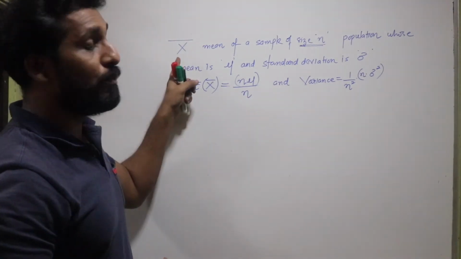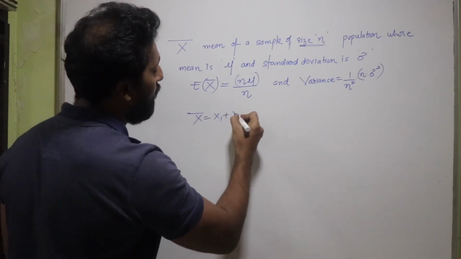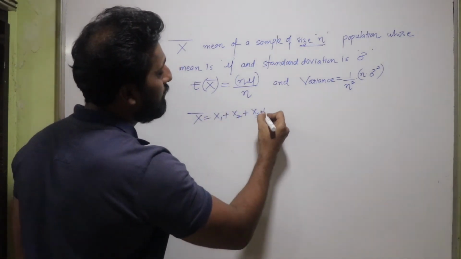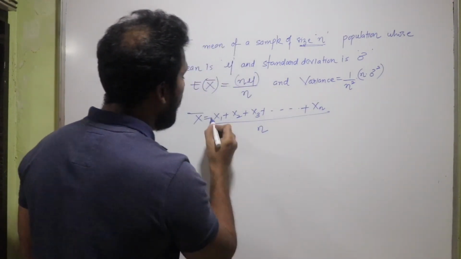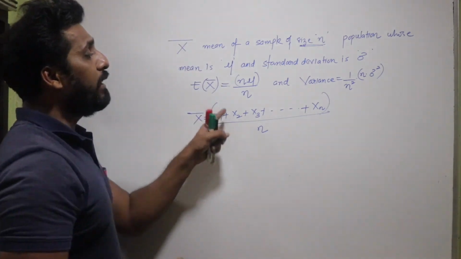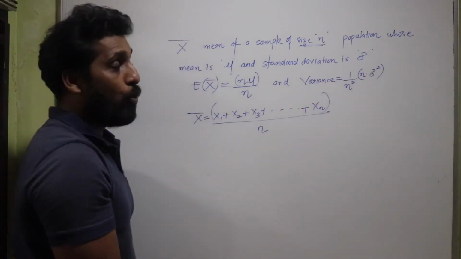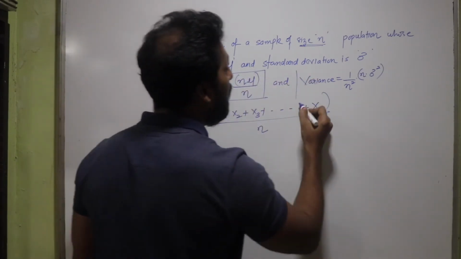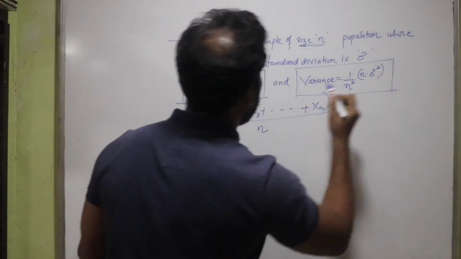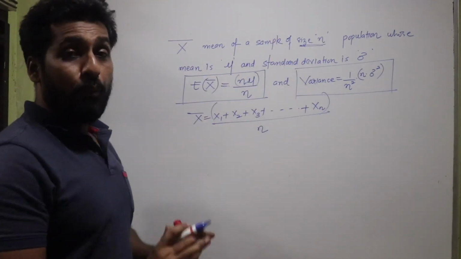So here we have x bar, and this x bar is actually given as x1 plus x2 plus x3 plus dot dot dot plus xn whole divided by n. So this value is nothing but n mu, the mean, and then the variance was n sigma square. So that is how I've got the values of the mean and the variance for a sample of size n using the Lindbergh-Levy theorem.